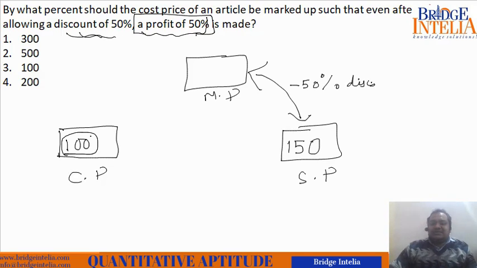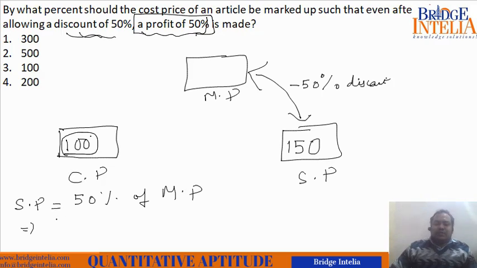So this is the scenario. So you can say that selling price is only 50% of marked price, because 50% is waived off. So 150 is 50% of marked price. That means half of marked price. So marked price must be double of this, must be equal to 300.